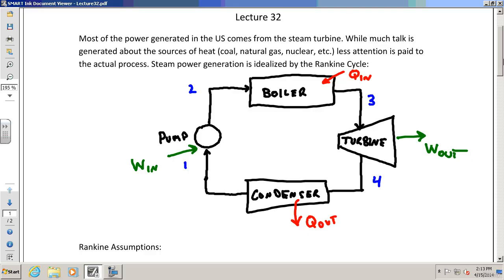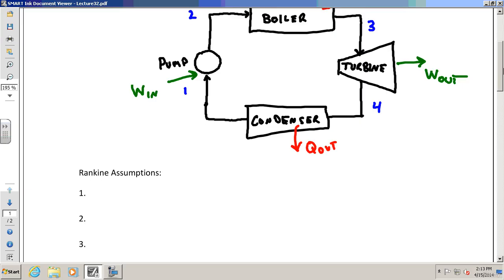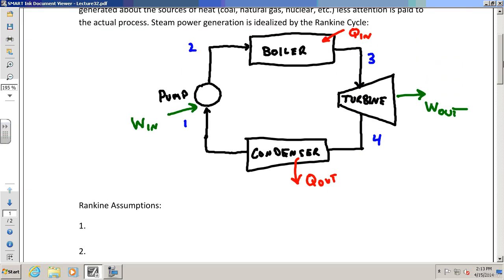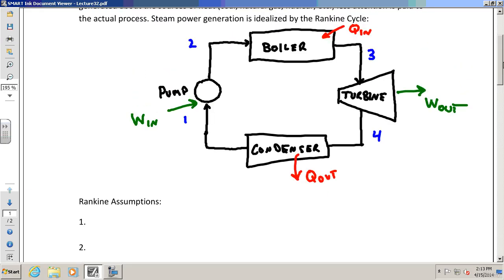Now, we always like to make some simplifying assumptions in this process, and the Rankine cycle does that. We like to make things easier for you. Each device has an assumption attached to it. For instance, we assume the pump is isentropic.